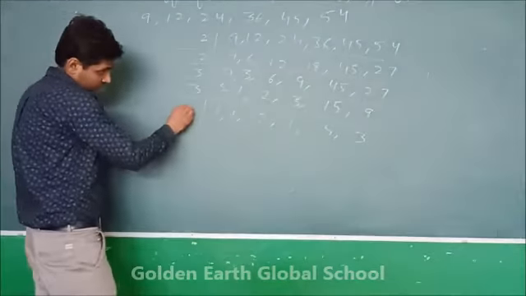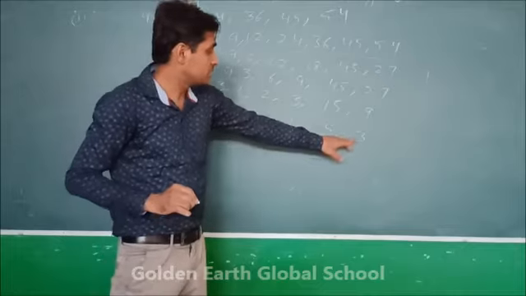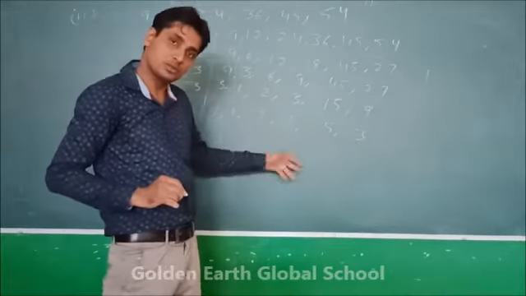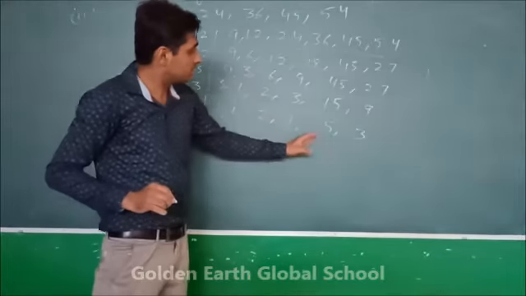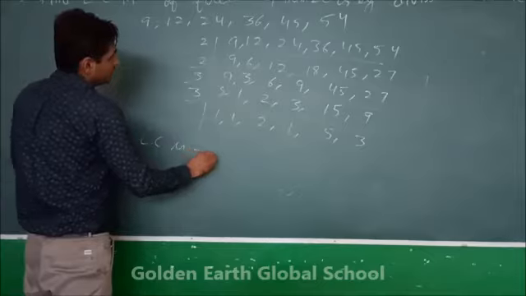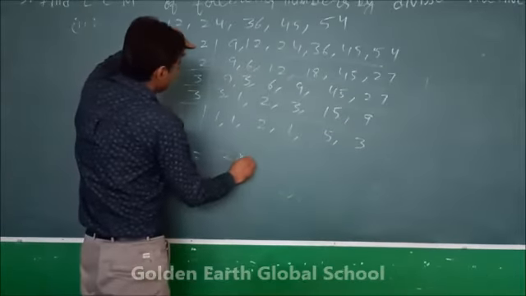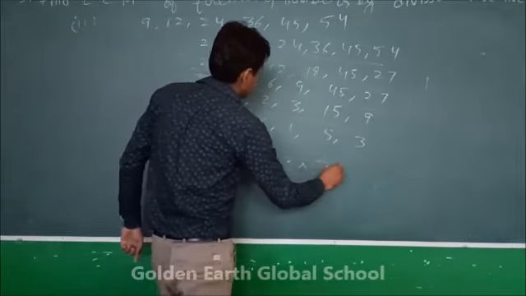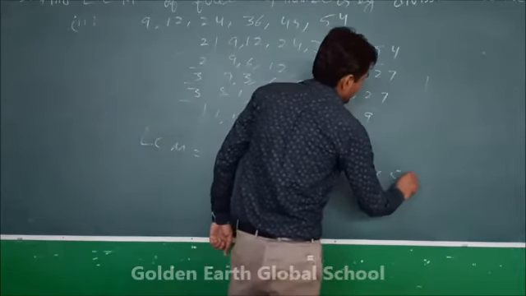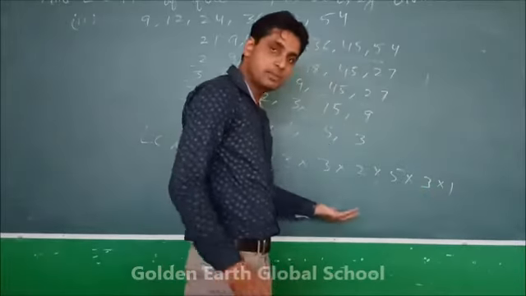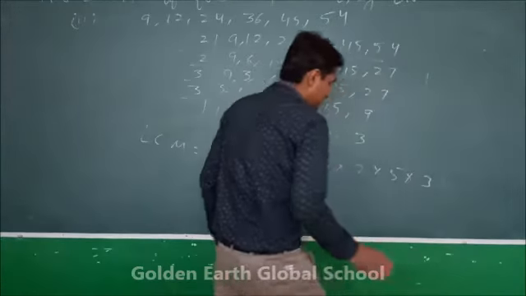Again, so these numbers are left. These all numbers are different. Okay, so take like that only. Okay, so find out LCM. Okay, so multiply it 2 times, then 3, then 2 5 and 3. Okay, you don't write 1 because when you multiply it is same like that only.